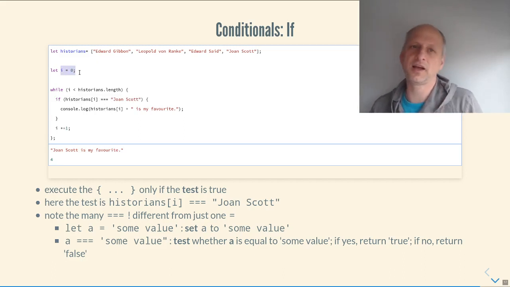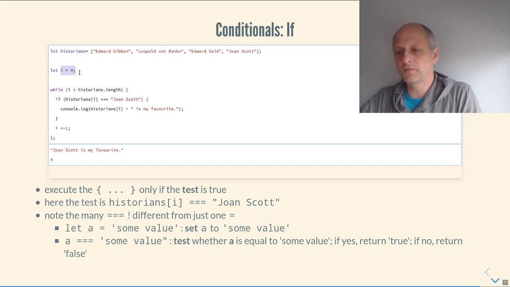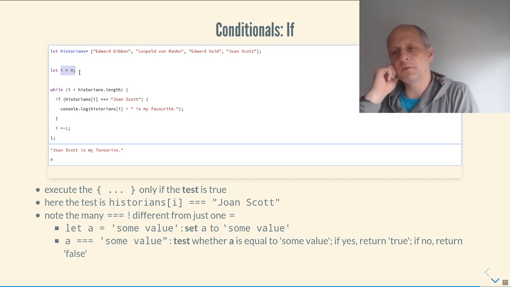And I have to say, I still make this mistake occasionally. So we can see that when we have a single equal sign, like up here in the variable declaration or in the variable assignment statements that I typed earlier on in the lecture, then what we're doing is assigning or setting a variable, which is on the left side of the equal sign, to a value which is on the right side of the equal sign.